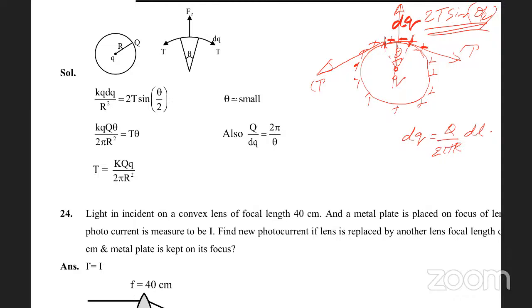This equals the total repulsive force between the central charge Q and the charge dq. That is the formula. Then if you simplify, you'll get the tension.